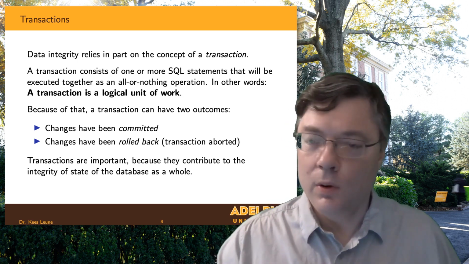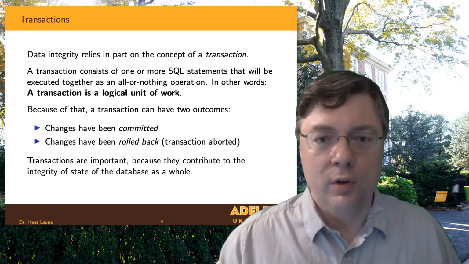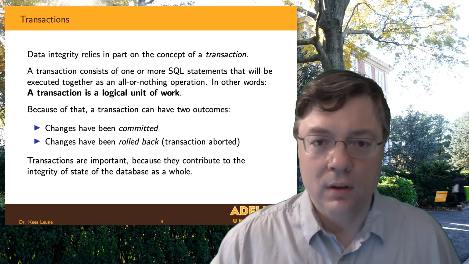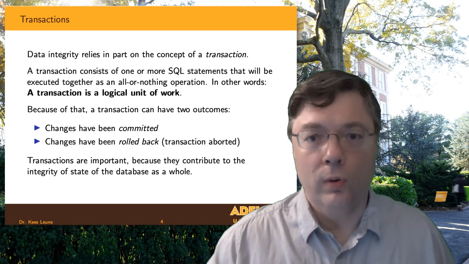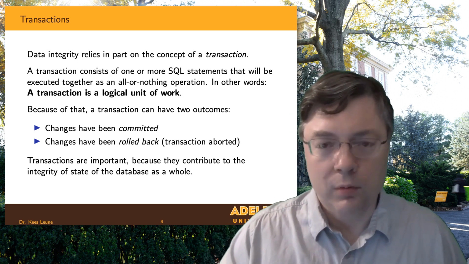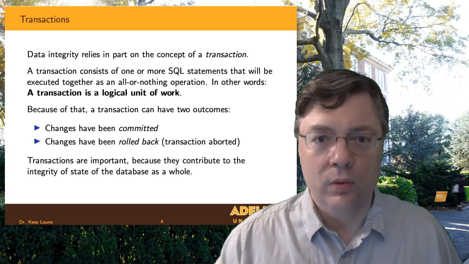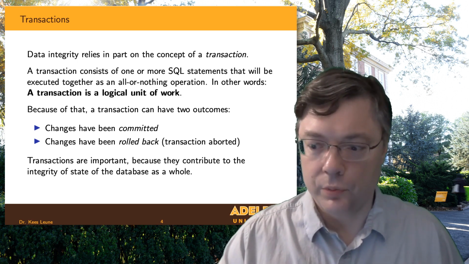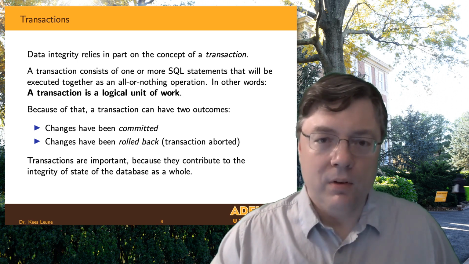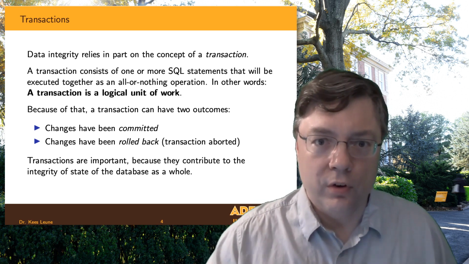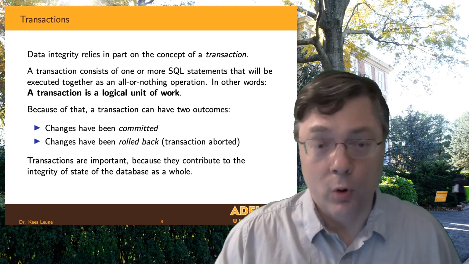At the same time, I want to make sure that if I execute this bundle of queries, the bundle executes as a whole or it doesn't execute at all. So that's what a transaction is for, to make sure that we can bundle operations into a single logical unit of work. And that means that we can have two outcomes of that logical unit of work. Either it worked or it didn't.